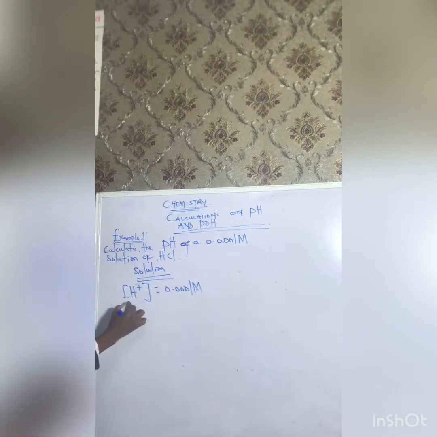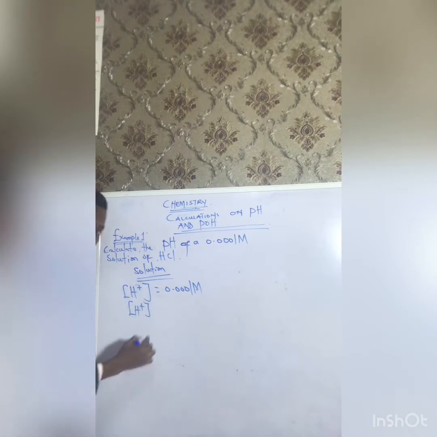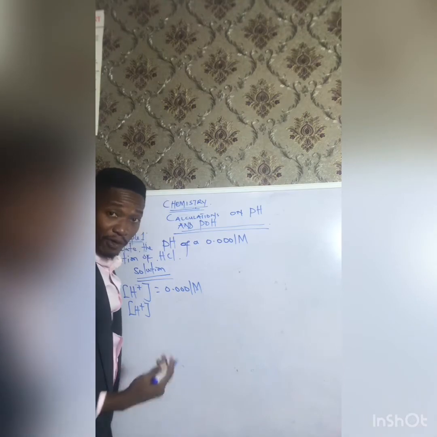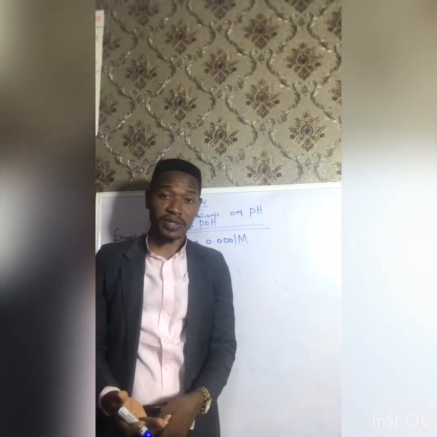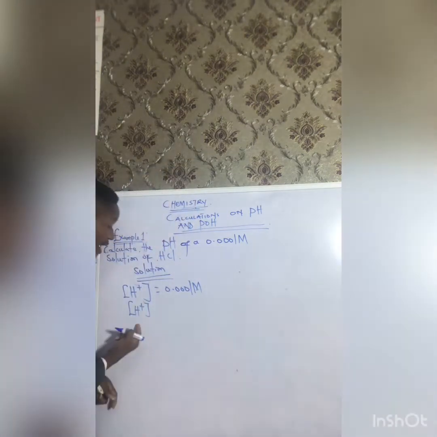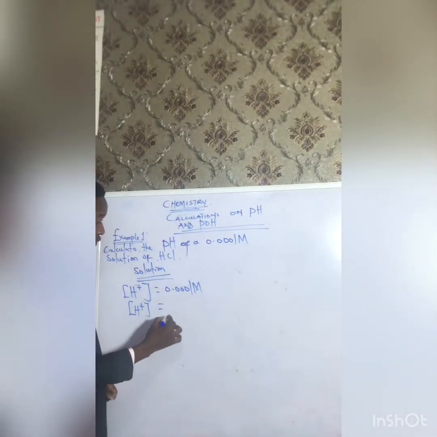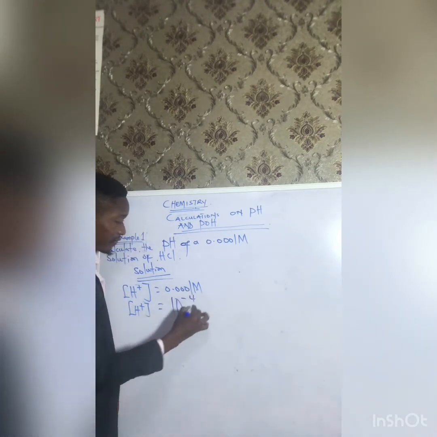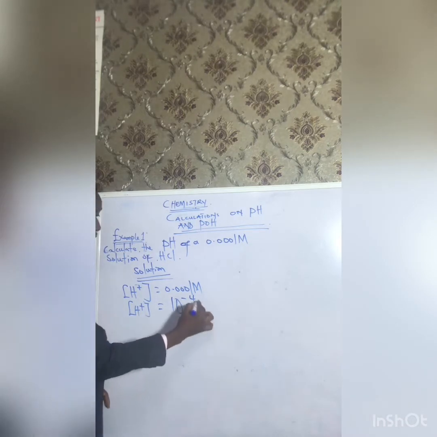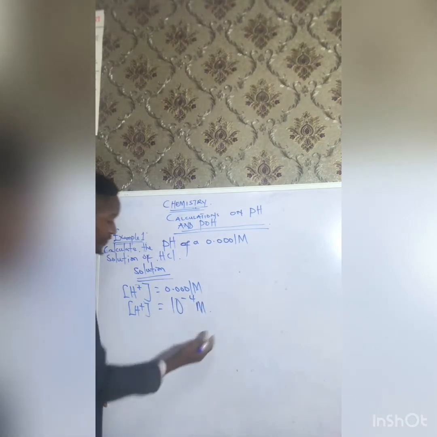I hope you're with me, and I hope you're following step by step. If there is anything that you find a bit difficult, you can drop your message, okay? Now if you convert this to standard form, you're going to have 10 raised to the power of minus 4 molar. So now this is the concentration of hydrogen ion.